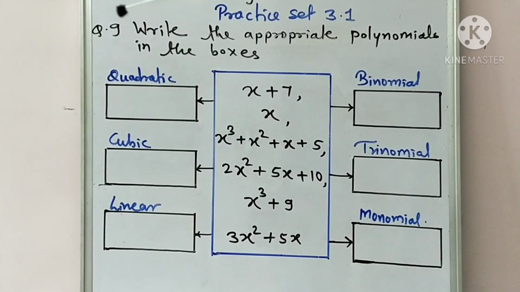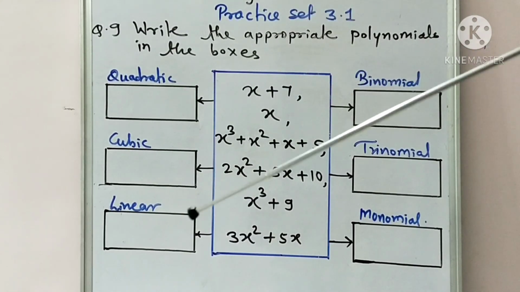Okay, ninth example. The question is: write the appropriate polynomials in the boxes. As this is an activity-based example, we are given these 6 polynomials and we have to classify them in 2 types.